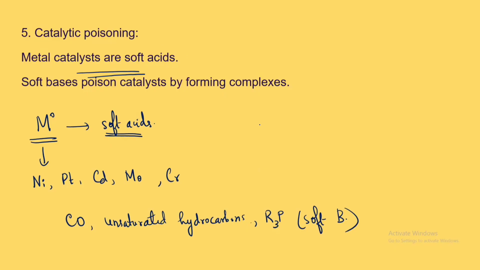Let us say there are hard bases which contain nitrogen or oxygen or fluorine as the donor atoms, then such bases cannot poison these particular metal catalysts, mainly because of the hard-soft interactions. The formation of the complex between the metal as well as these hard bases cannot take place, because of which the catalytic poisoning does not occur in the presence of hard bases.